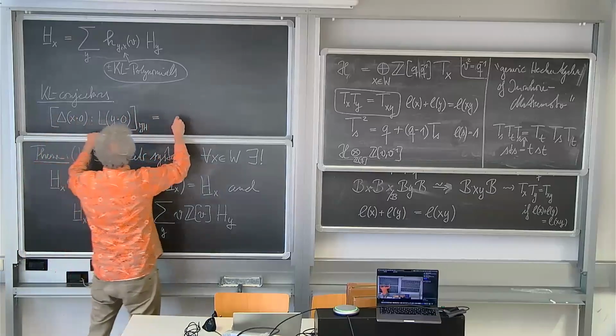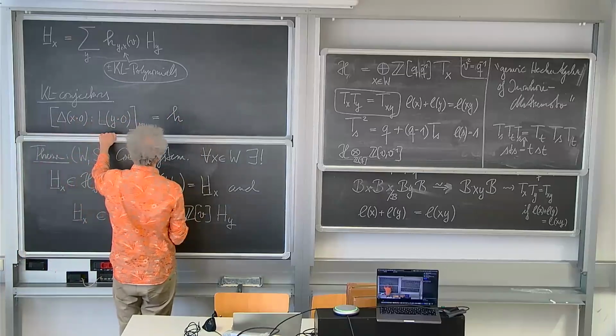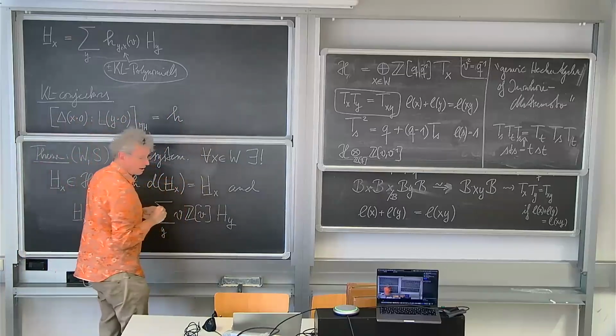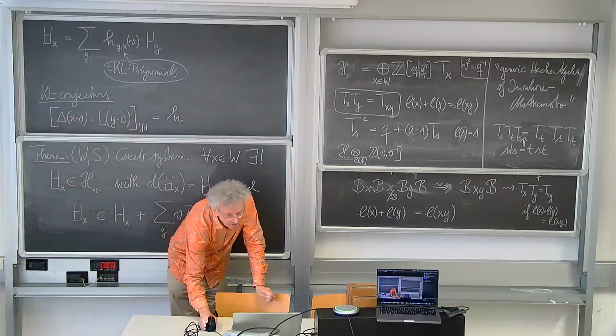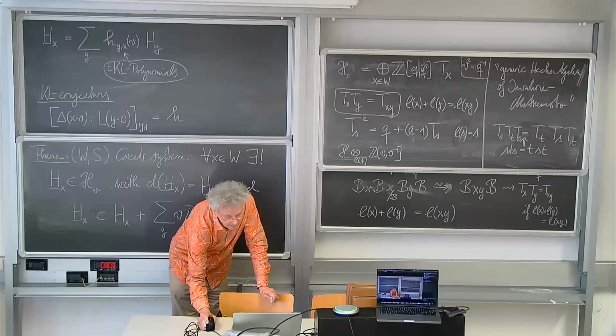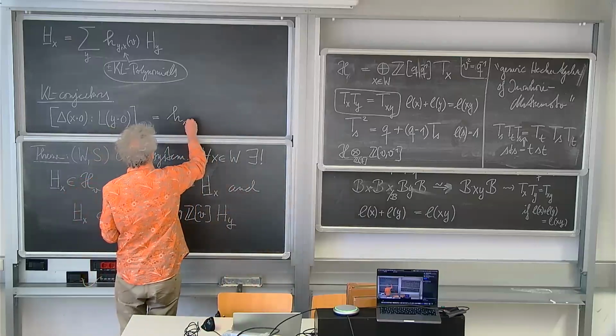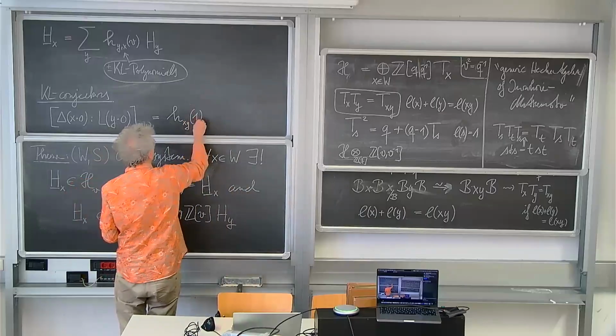This is the Kazhdan-Lusztig polynomial. Now I have to check which one exactly it is, because I think it's just, if I recall correctly, yeah, it is h_{x,y} evaluated at 1.